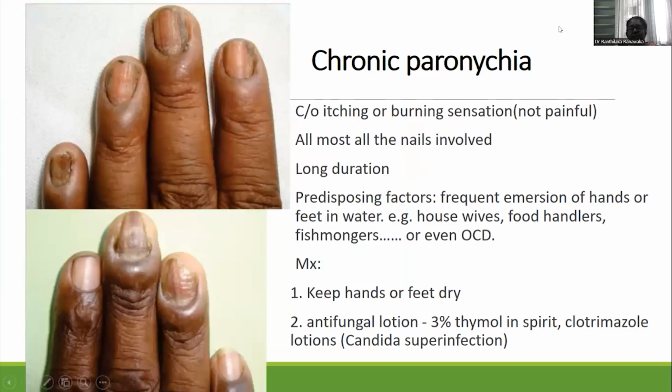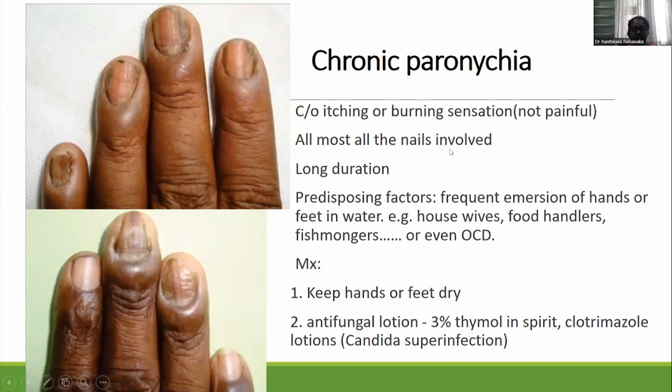It's a very chronic problem. Most of the time when they come to us, more than 2 or 3 nails in both hands are affected, right? And their complaint is not pain, but itchiness and burning sensation on these nail folds. That is their problem. It is not painful, but itchiness and burning sensation.